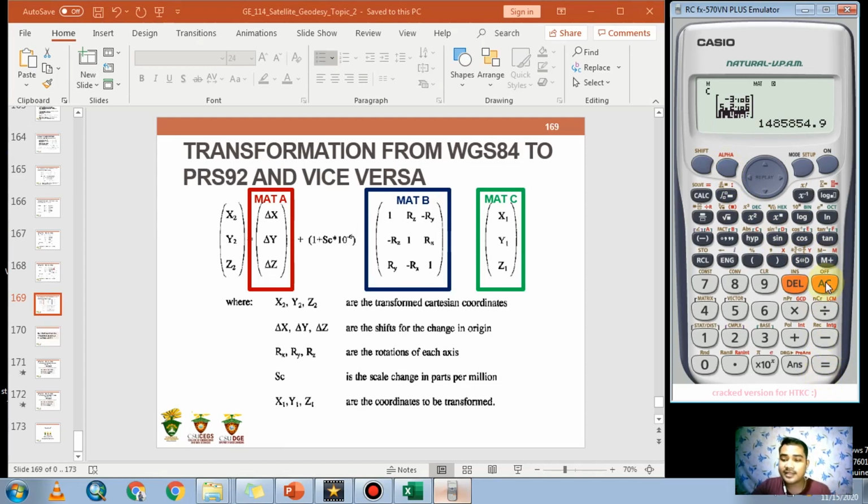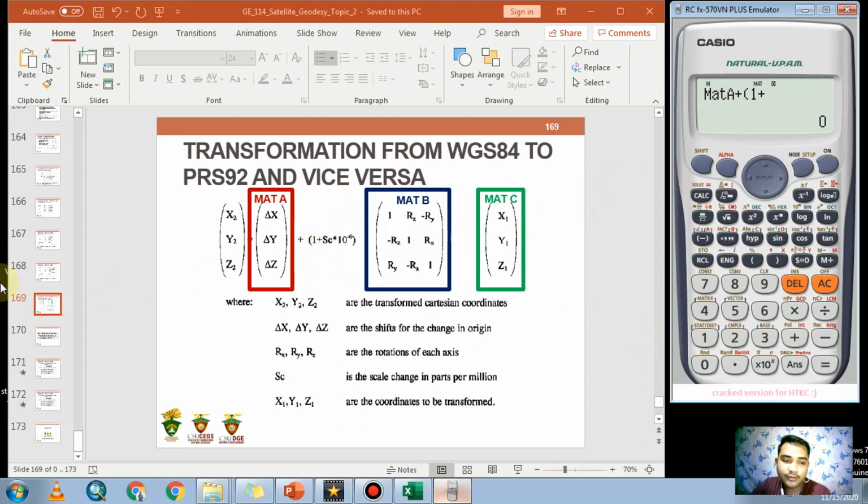Again, AC lang, AC. So to solve this one, ato lang siyang i-parihas aning forma, no. So matrix A, atong ibutang si matrix A. So atong pagbutang, shift matrix 4, no. Atong ibutang si matrix A. So therefore 3, no, matrix A plus, no, 1 plus pila tong scale factor.